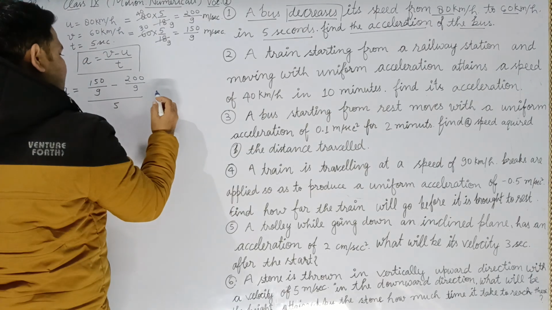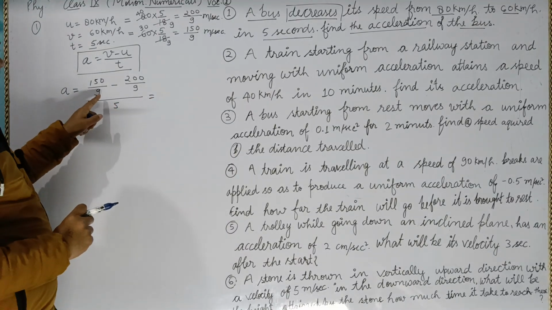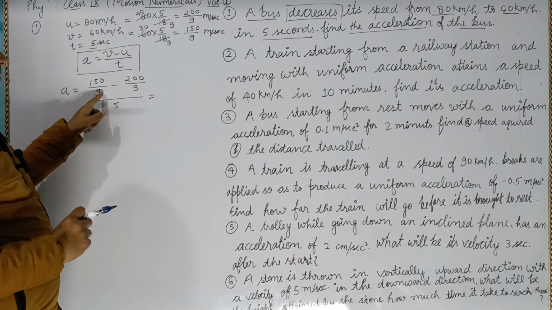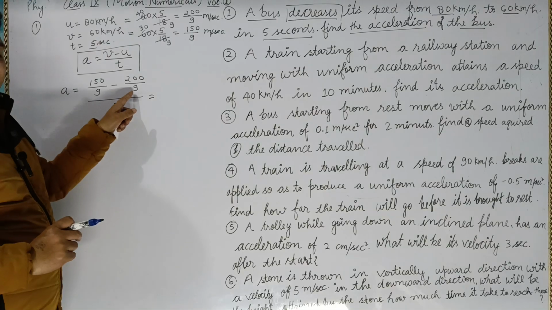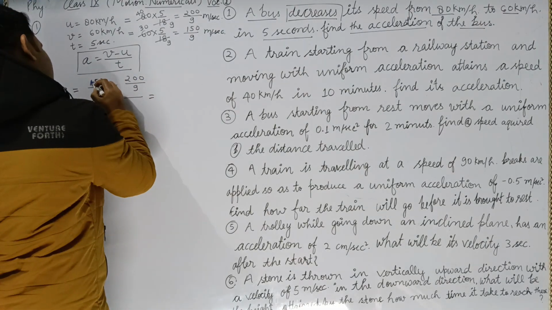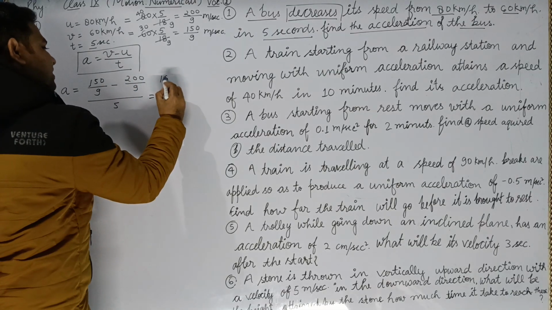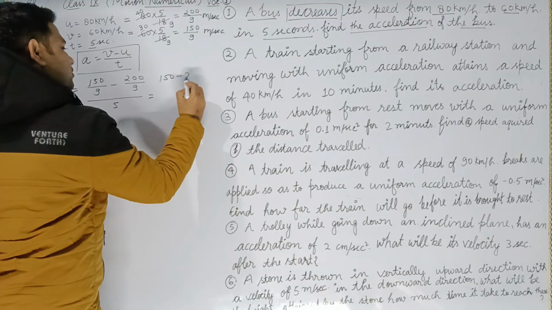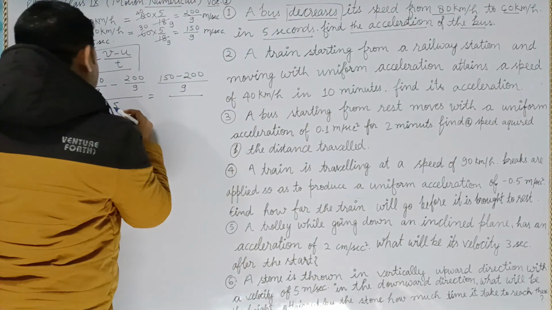We solve it. Because the denominator is the same, 9, in both places, it will be 150 minus 200 upon 9, upon 5.